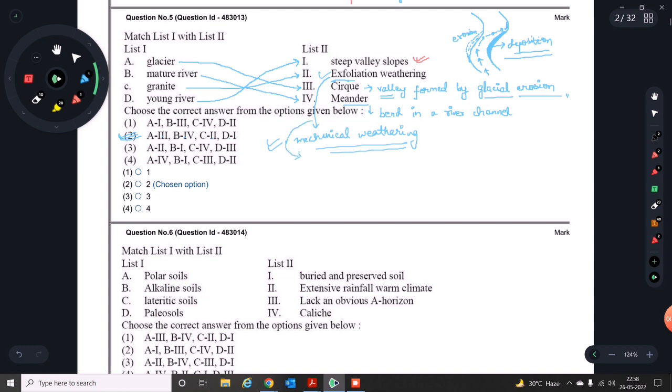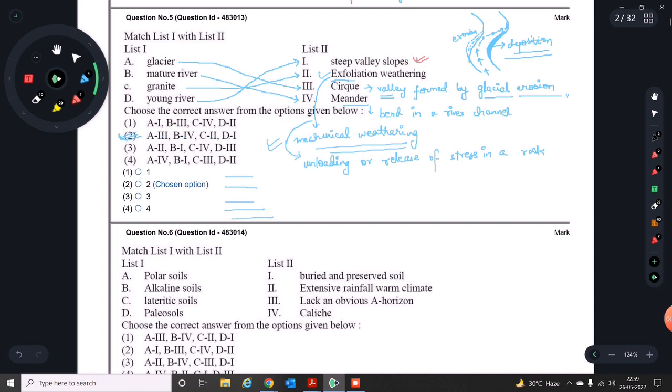This exfoliation weathering is formed due to unloading, or you can say release of stress in a rock. Release of stress in a rock. So now suppose there are some rock subsections, right?